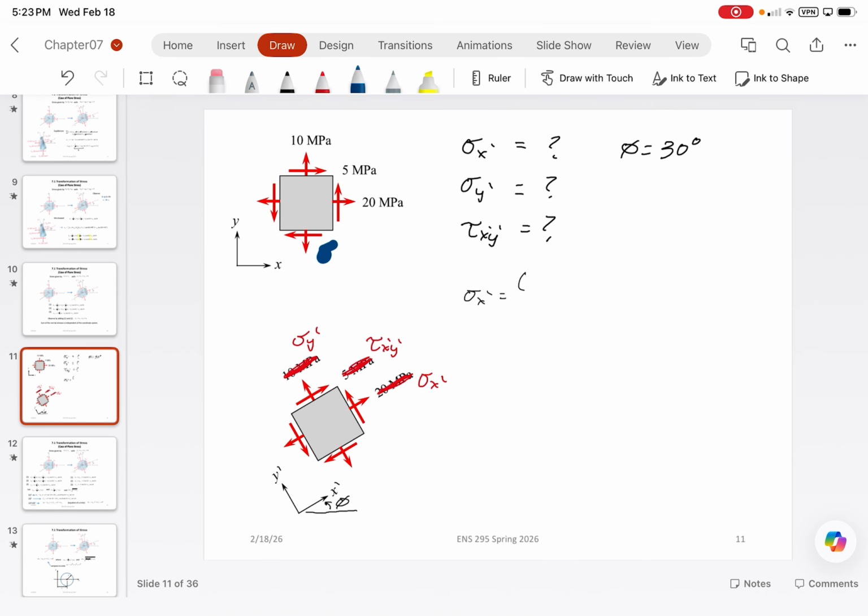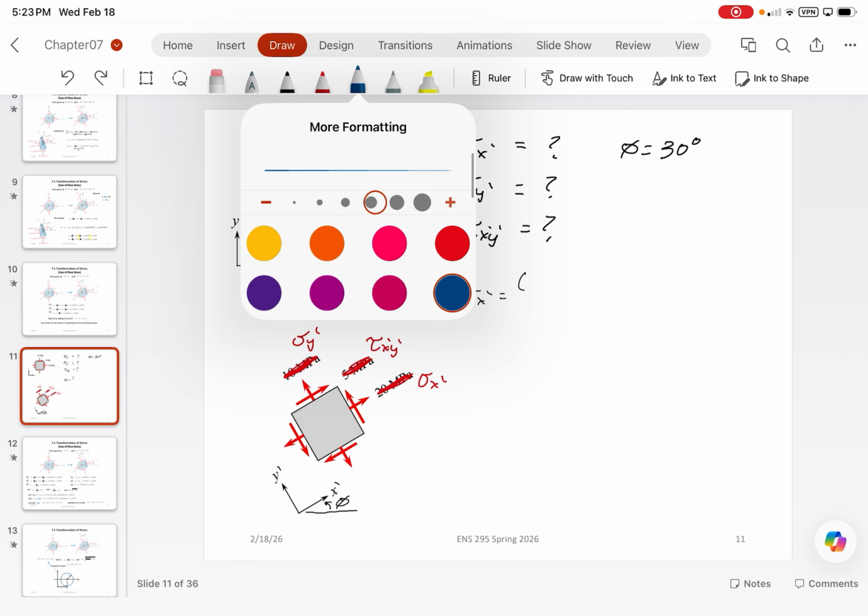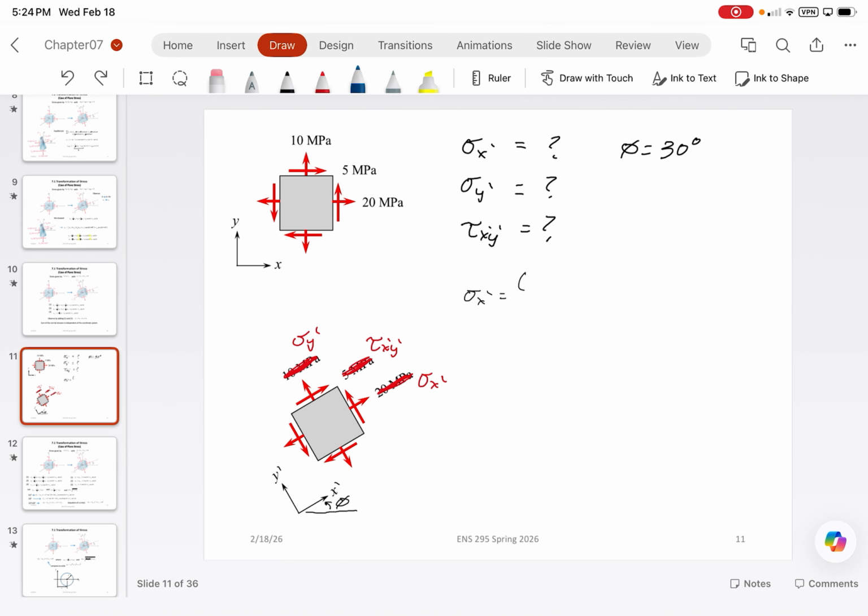Sigma x is positive 20 megapascals. Again, your sign conventions are very important. Sigma y is going to be positive 10 megapascals, and tau xy is going to be positive 5 megapascals.